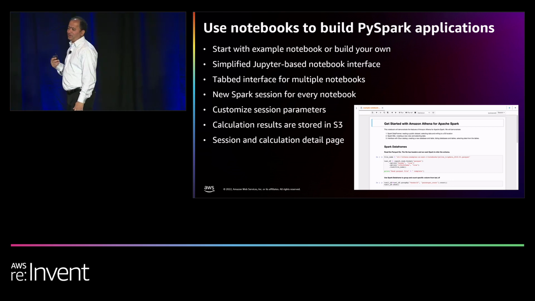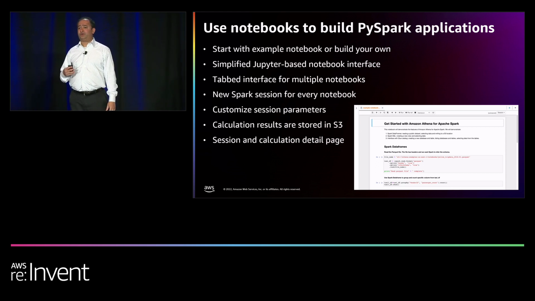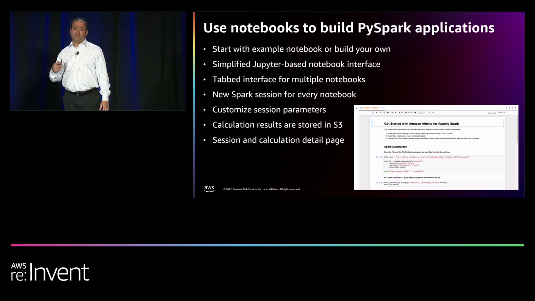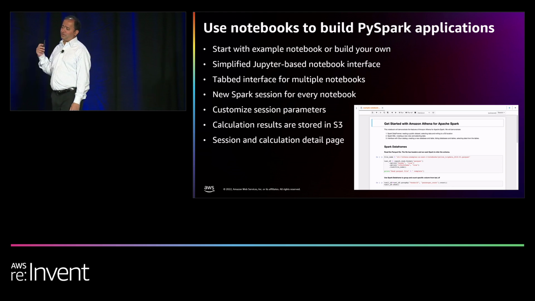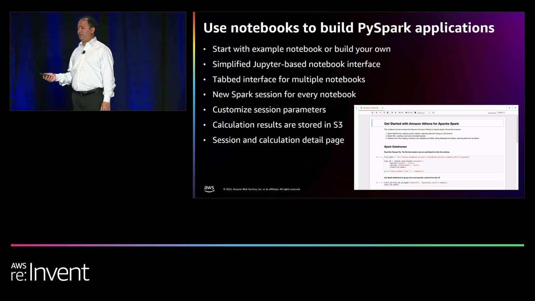Once you execute your calculations, you can go to the session detail page to see the details of your session. You can see all the calculations that are run as part of the session. You can click on any of the calculations to see details of the calculation, how long it took to run, what is the standard out, what is the standard error. You can also click on the link to S3 to download the results to your local desktop.